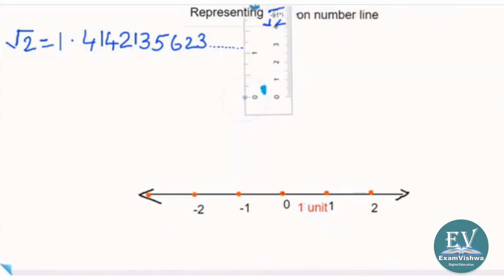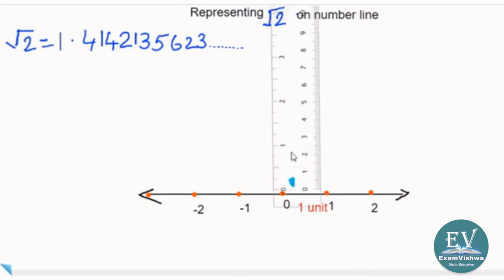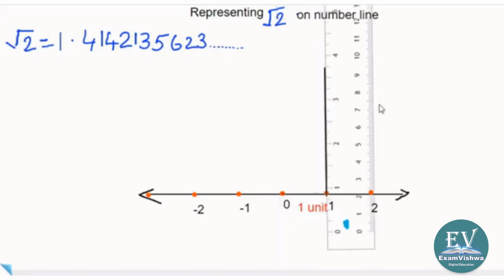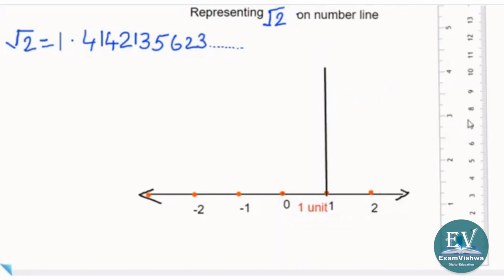To draw a perpendicular, actually you need to have compass and ruler, but to explain you, I am using this ruler and drawing a vertical line. Okay, let it be. This is the perpendicular drawn by hand temporarily.